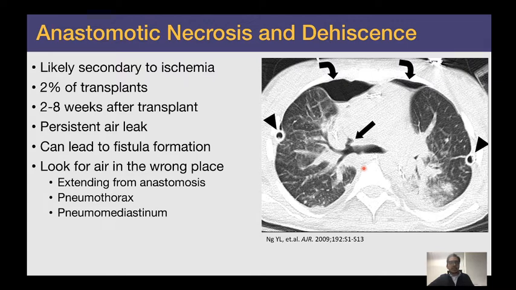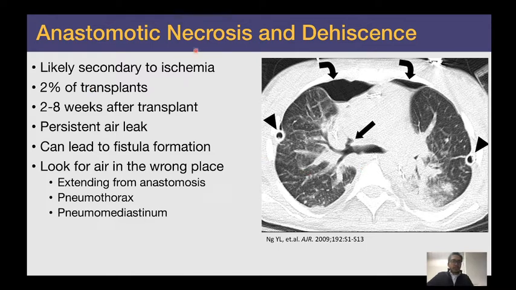Okay, the bronchial arteries, rarely are they anastomosed, and like 99% of the time, the bronchial arteries are not anastomosed because it's technically difficult to do. These are small arteries, and it increases the potential ischemia time for your transplant.